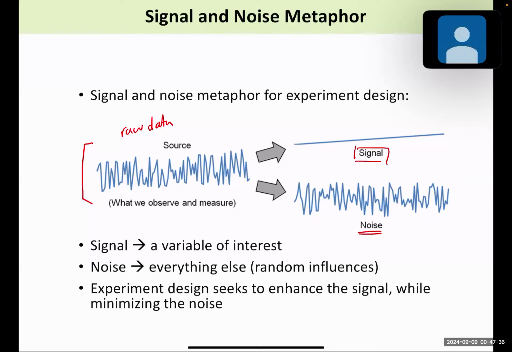The signal will be the variable of interest and noise will be everything else that can make it hard to analyze the results. So experimental design seeks to enhance the signal while minimizing the noise, in order to clearly identify the causal relationship of experiments.